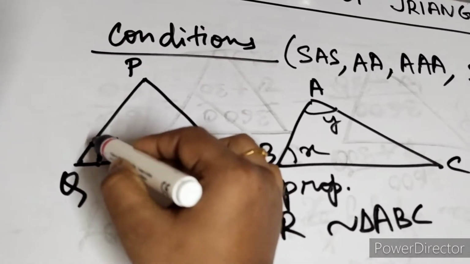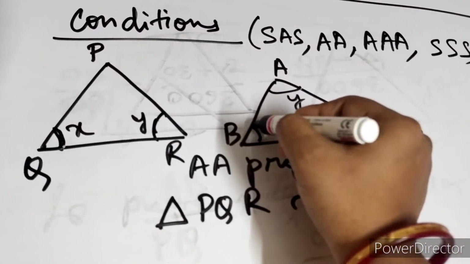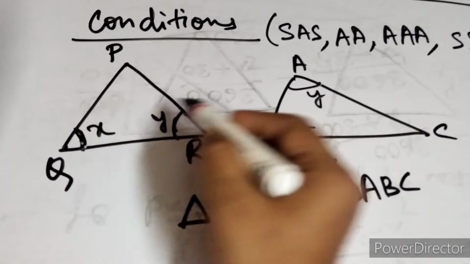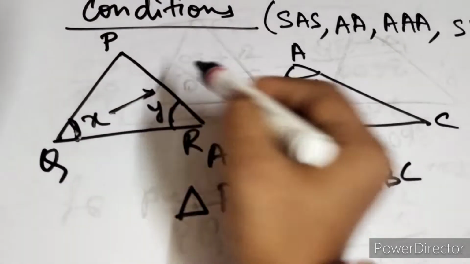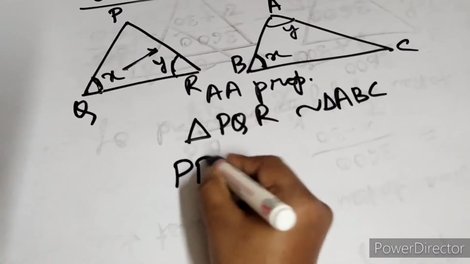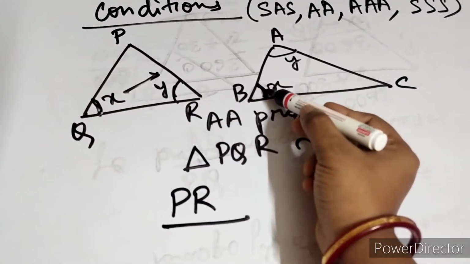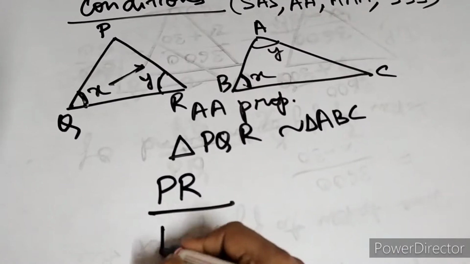We have seen that this angle is x, and in this triangle this angle is also x. So the equal angle is this one, and its opposite side is PR. So we will write PR by, now it is equal to angle x, and here angle x is this one and its opposite side is AC. So PR by AC.